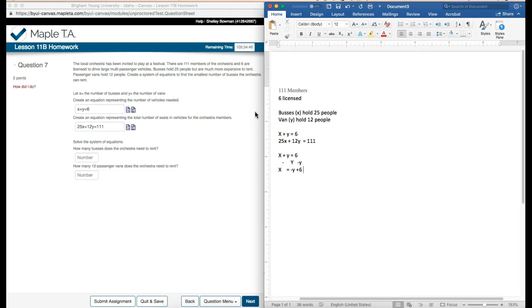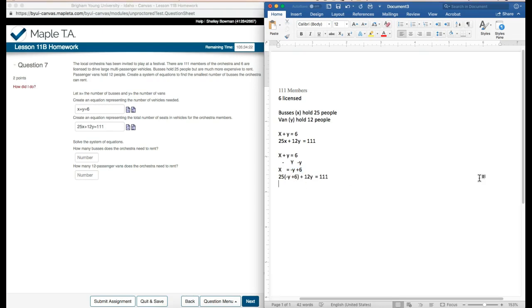Then I'm going to take that and substitute it into this next formula. And we're going to substitute it every time we see the variable x. And I'm going to replace the x with parentheses and then take whatever I have x is equal to and put it inside those parentheses.